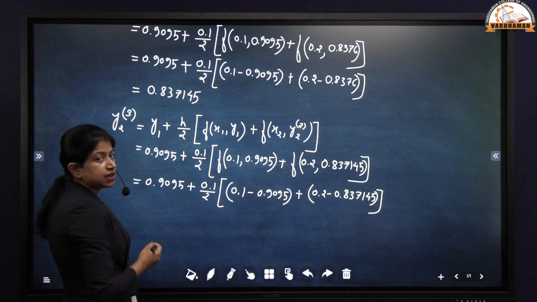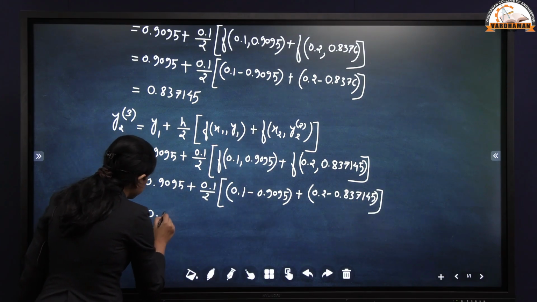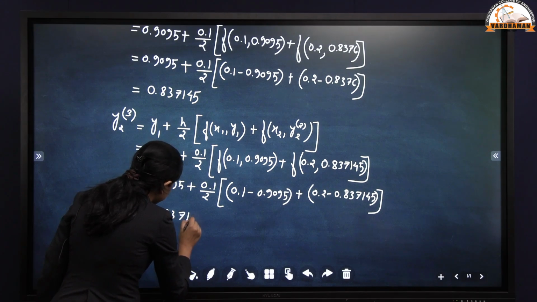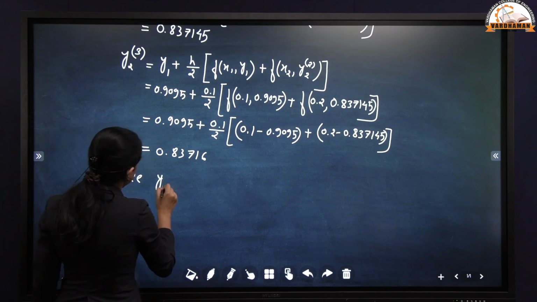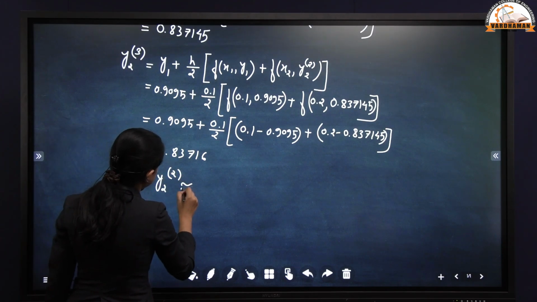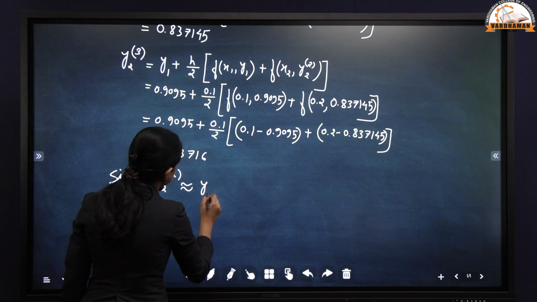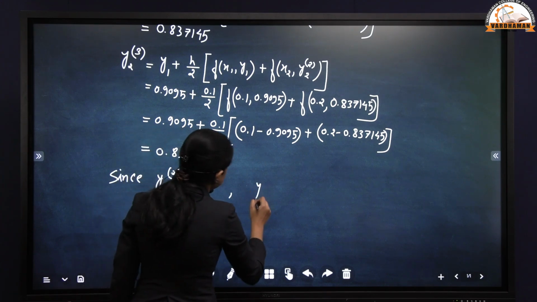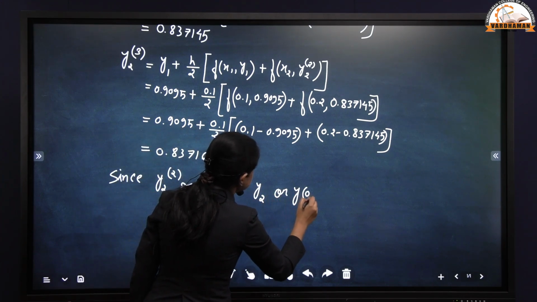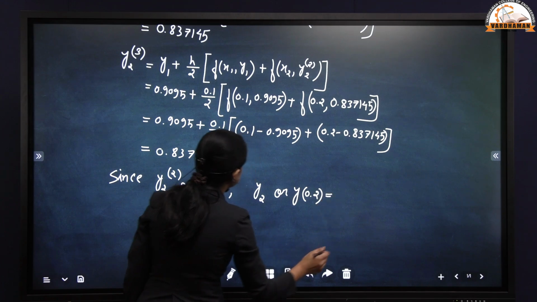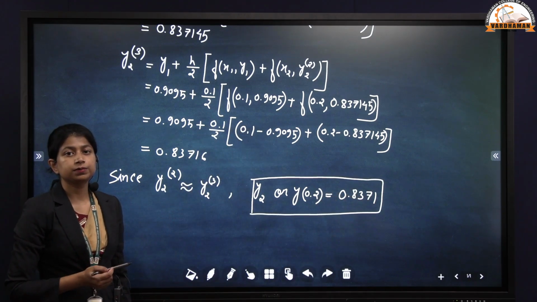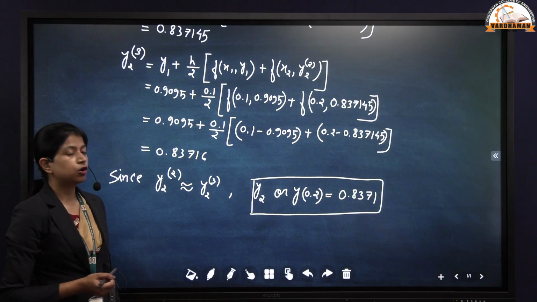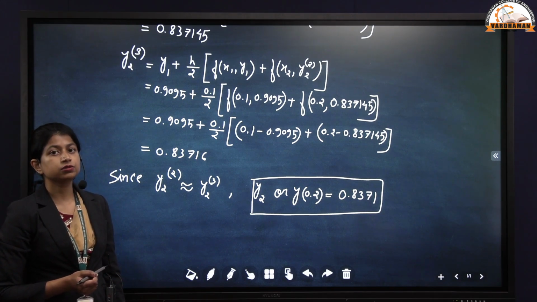If we compute this value, we will get 0.83716. So y2² and y2³ up to 4 decimal places, these two are same. Since y2² is approximately equal to y2³, we have y2 or y at 0.2 is equal to 0.8371. Now next one we will find y3 or y at x3, that is equal to 0.3.